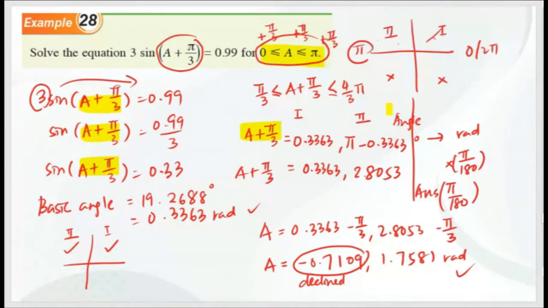The question says it is in between 0 to pi. Pi is 3.142, so we decline because the A is in between 0 and 3.142. This one is negative, so we reject it. So your answer is A equals 1.7581 radian only. So we have one answer only.